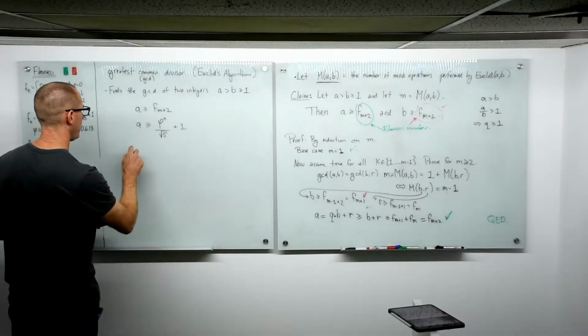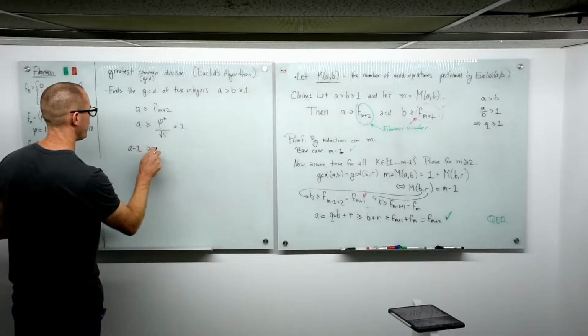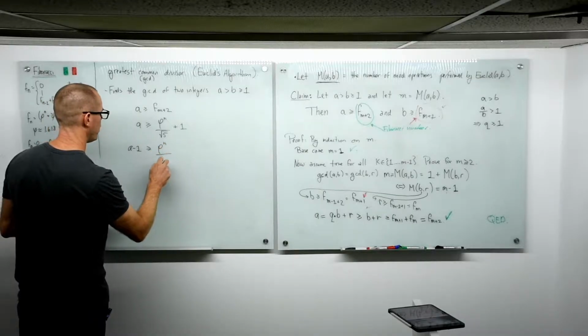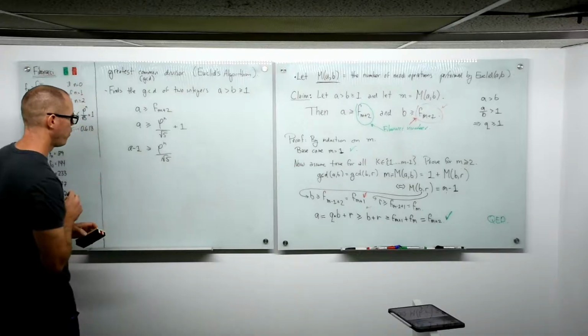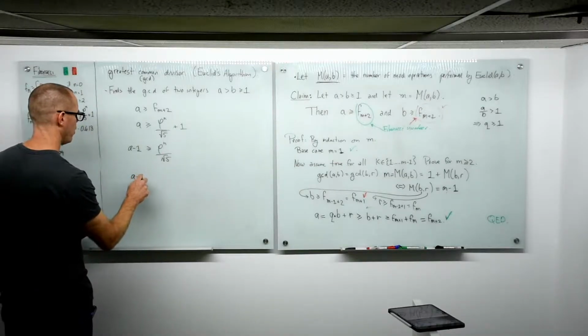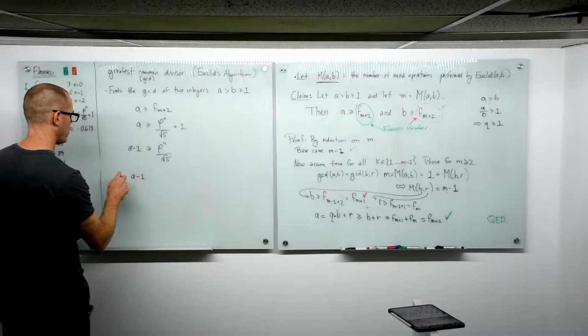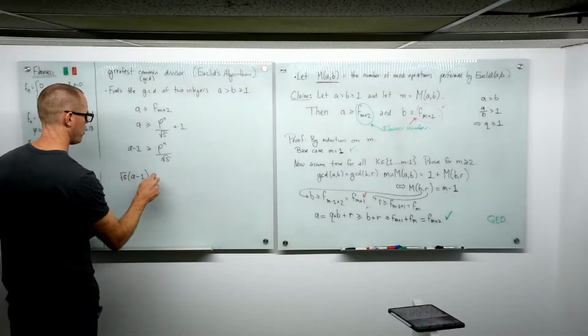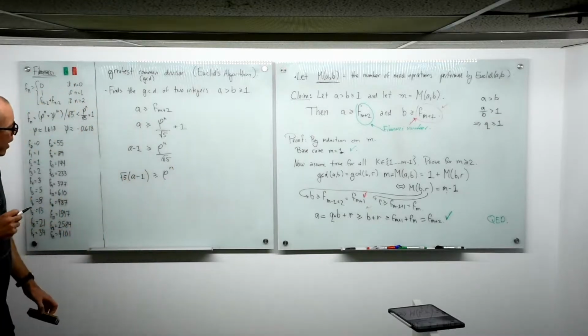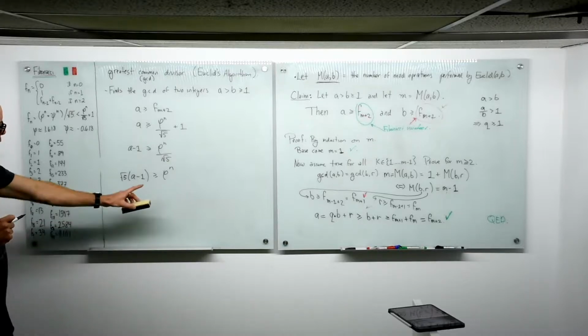That means a minus 1 is bigger than or equal to rho to the m divided by square root of 5, which means a minus 1 times the square root of 5 is bigger than or equal to rho to the m. And now let's take the logarithm of both sides.